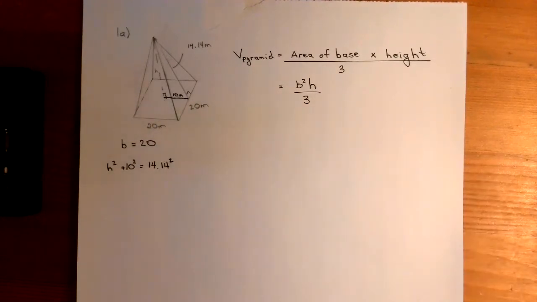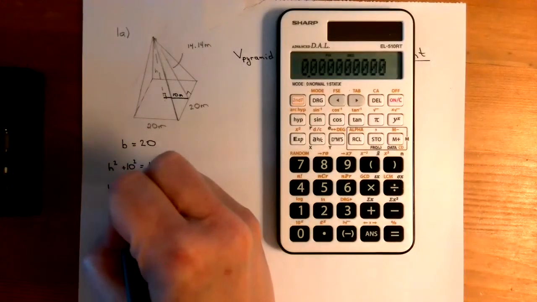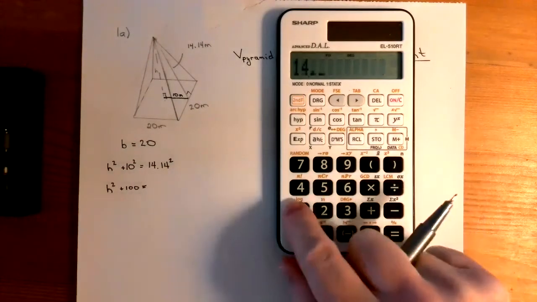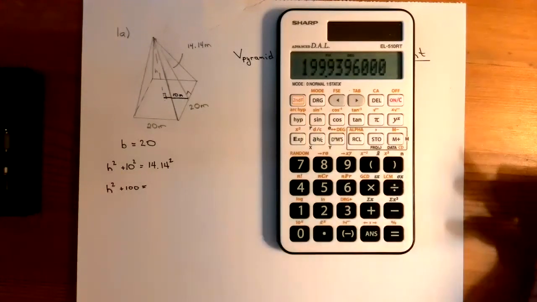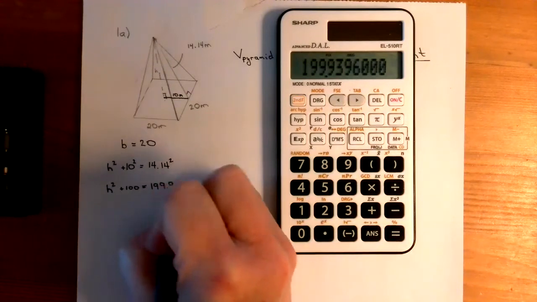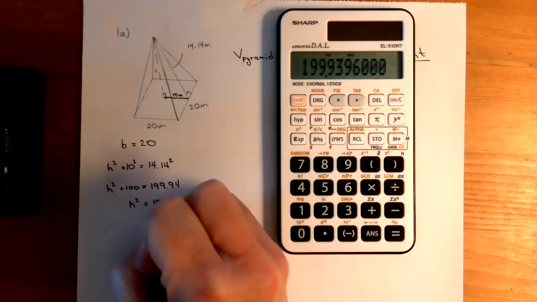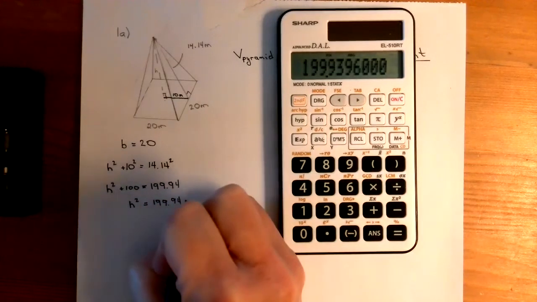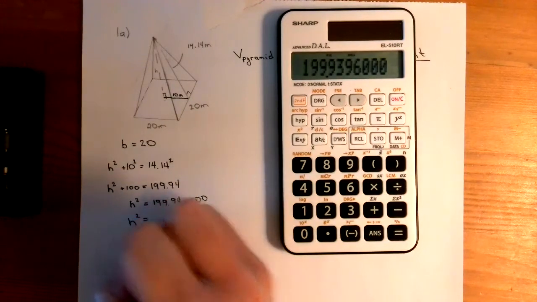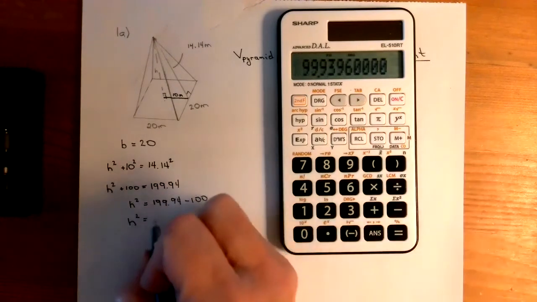So I'm going to grab my calculator here. I have h squared plus 100 is equal to 14.14 squared, which is approximately 199.94. So h squared is going to equal 199.94 minus 100, which is 99.94.